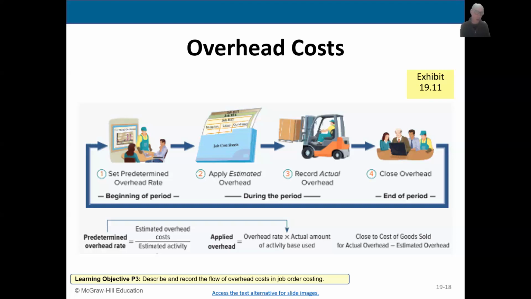We set the predetermined overhead rate based off of that calculation. Estimated overhead cost divided by estimated activity base. To find the applied overhead, we take the overhead rate times the actual amount used.